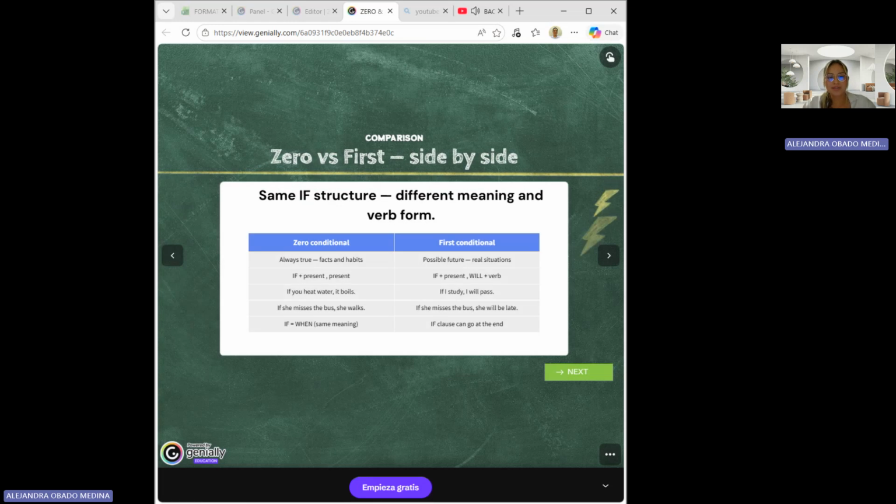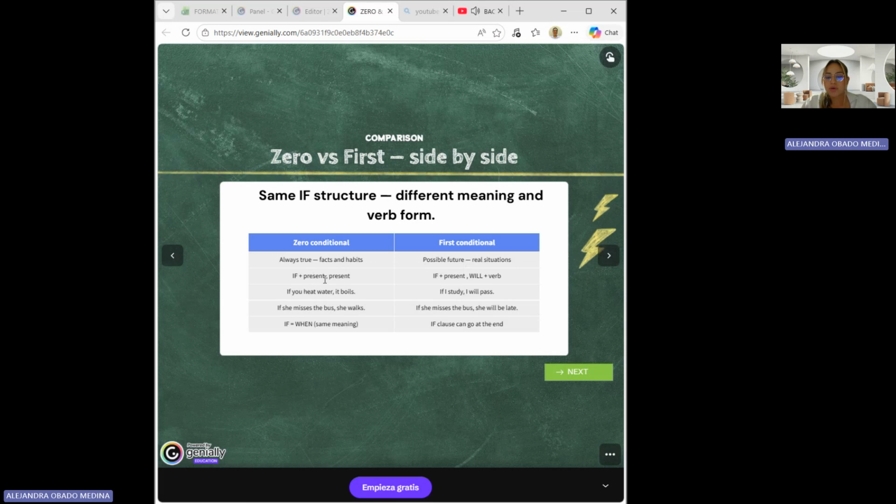Comparison. Now let's put them side by side. Same if structure, different meaning and verb form. Type of situation: zero, always true, habits and facts; first, possibility, future, real situation.